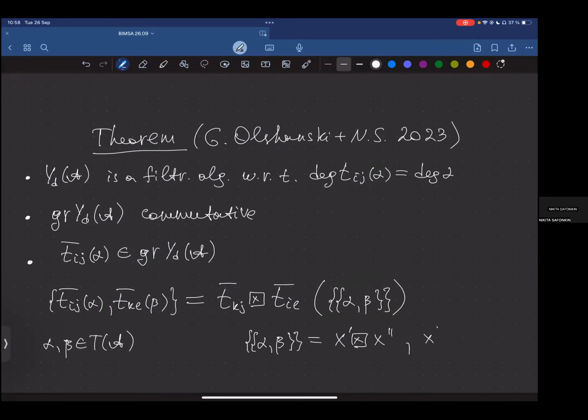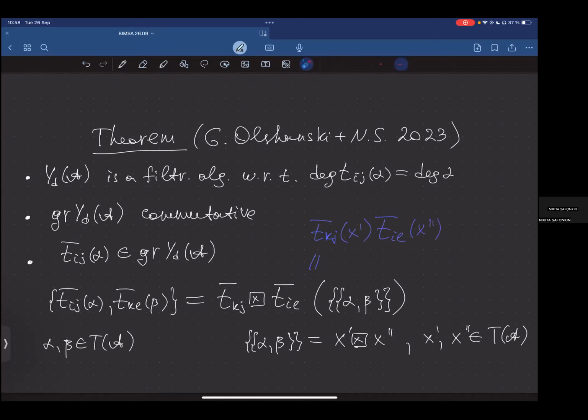So we have this x prime and x double prime. They live in the tensor algebra. And then this is by definition this.